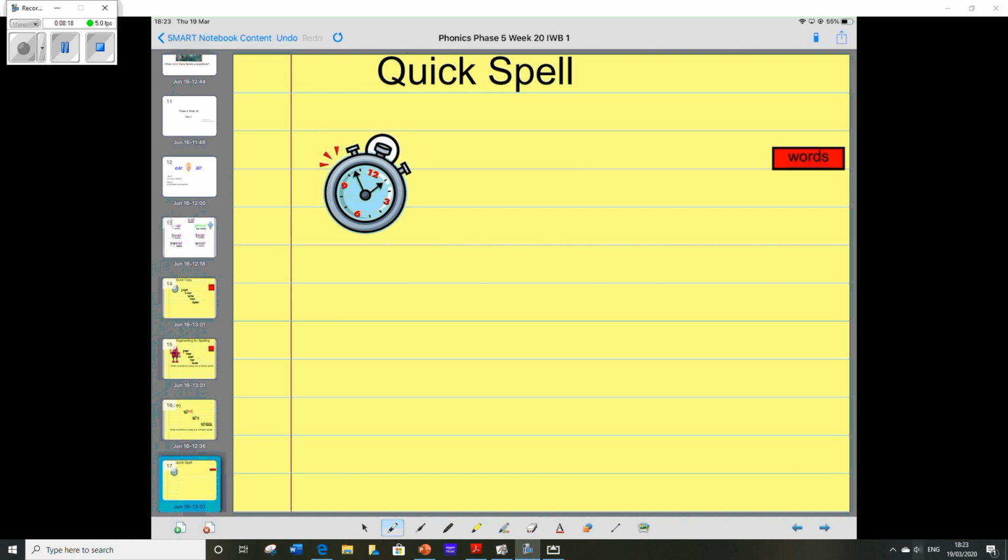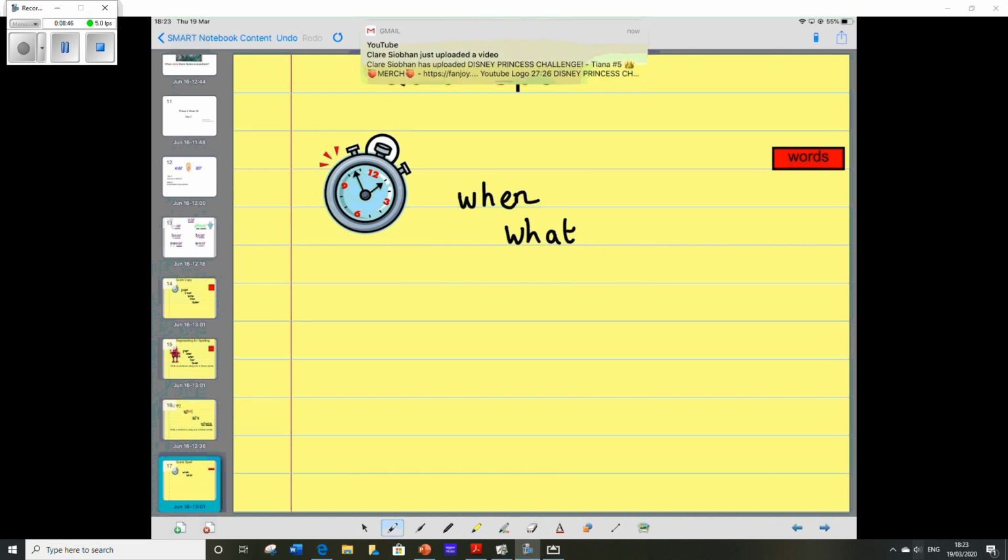So the first word is when. 1, 2, 3, 4, 5. Here it is. When. Second word is what. 1, 2, 3, 4, 5. What. Remember the A, it sounds like an O here, and that's what makes it the tricky word.